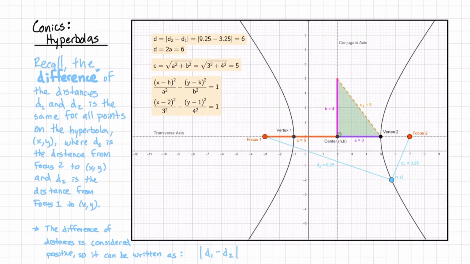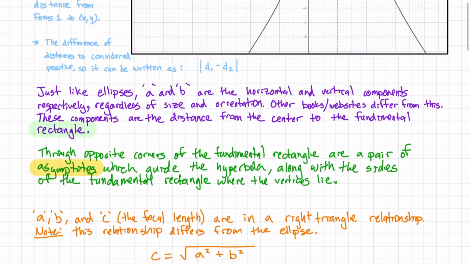If you look at our standard form, it looks just like our ellipse. The only difference is we have a minus instead of a plus. That minus makes a big difference, and it's important to note which one is the positive and which one is the negative value, as that will impact our graph, as you'll see in a bit.